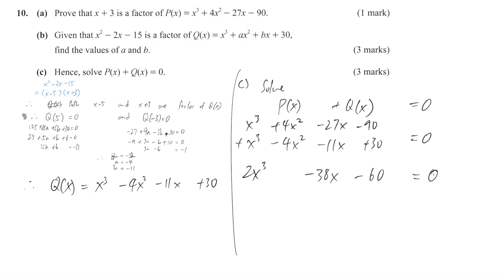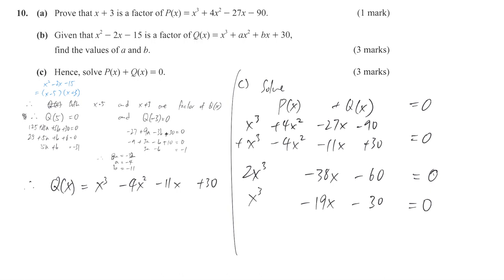In this question, whenever all terms are even numbers, we should divide both sides by 2 to make it smaller. So x power 3 minus 19x minus 30 is equal to 0.